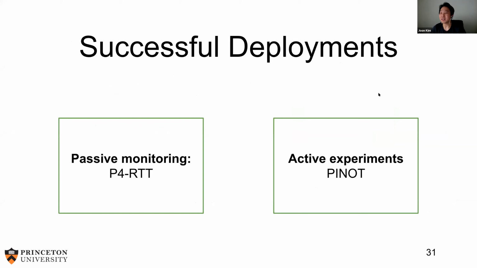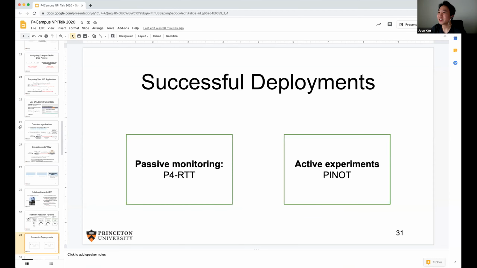And maybe before this, are there any questions? I have a question. Yeah. I'm wondering, if you deploy these features into the campus network as real production features, will you also offer reliability or operation support? What happens when the feature has some problem and the user complains?